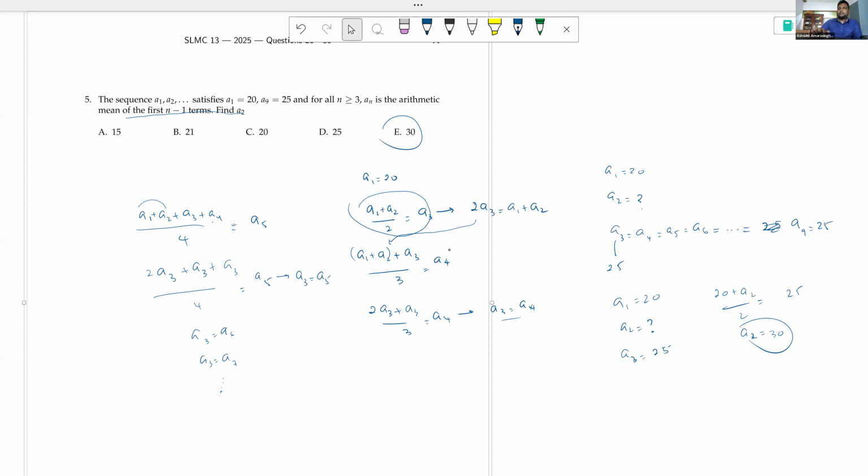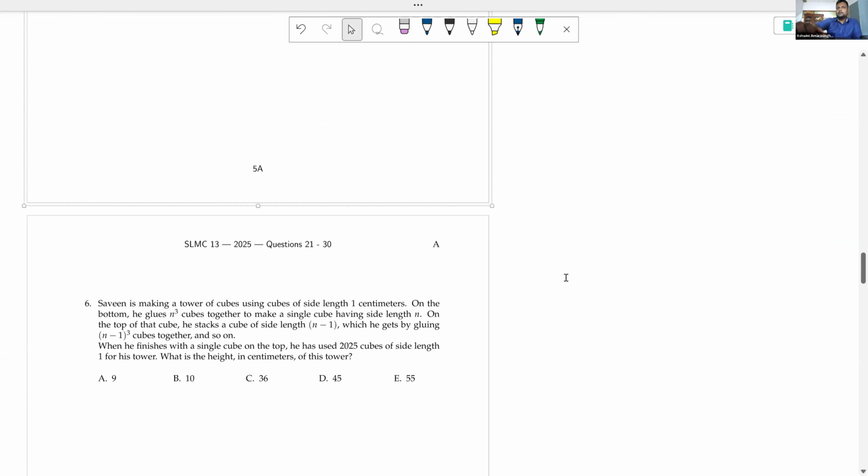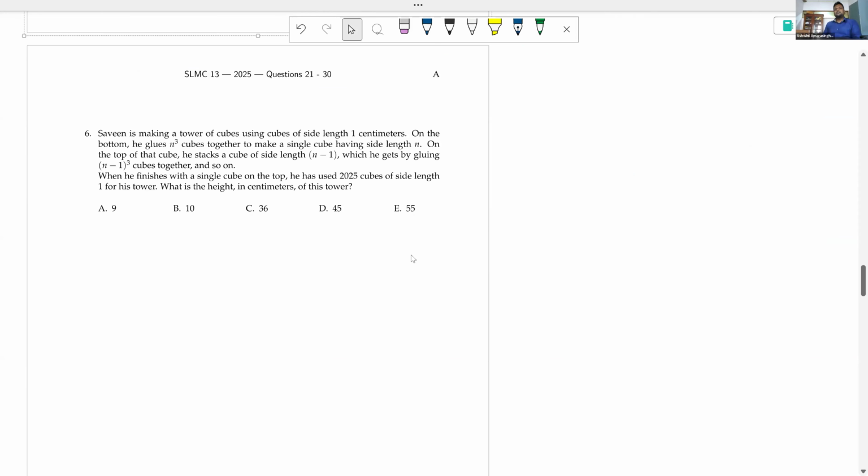Okay, so let's get to the next question. Okay, this one is good. Savin is making a tower of cubes using cubes of side length 1 centimeter. And in the bottom, he glues n cubes together. So n, and n.